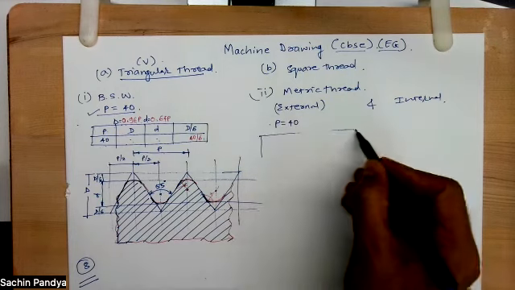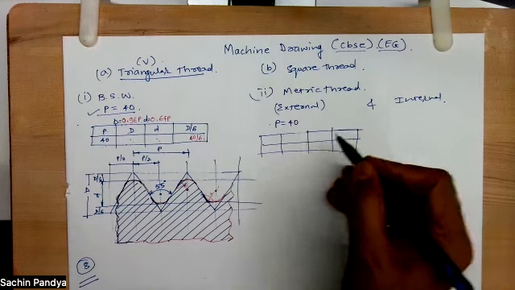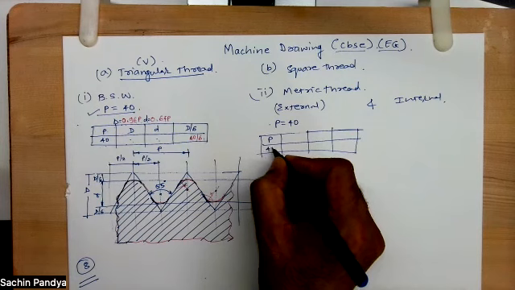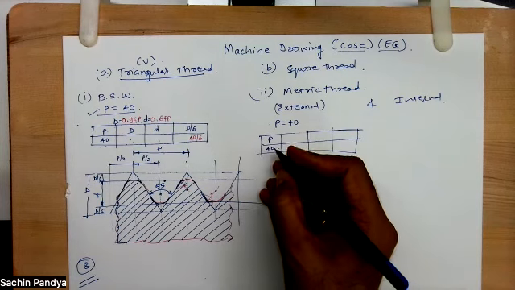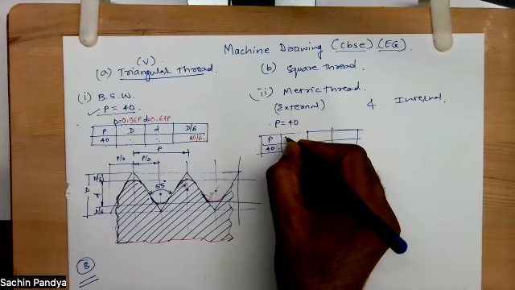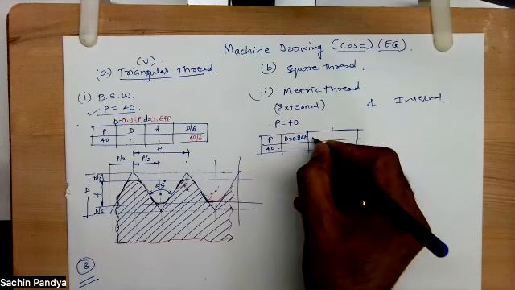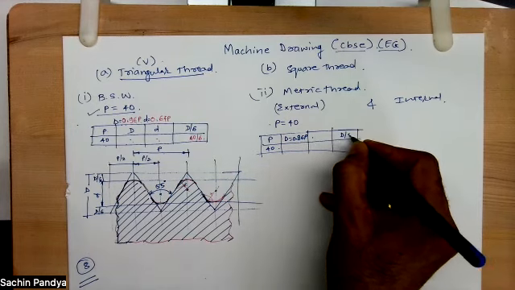So again, I will draw a box. Pitch equals 40, right? So again, in this case, D is equal to 0.86p, and this is D by 8.